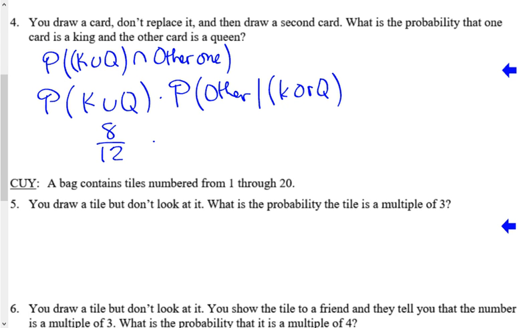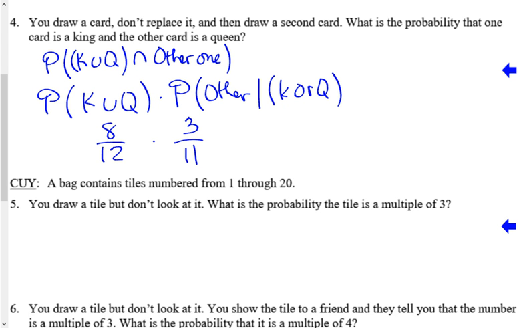Well, I guess this could work, maybe. Because whatever one I picked here, there are only going to be 3 of them left, right? So I could say there are 3 out of 11 of whichever one I drew first. So I think maybe this does work. I told you it wasn't going to work. I thought it wouldn't. But now I'm thinking it does. Because I thought of a different way to do this question, and we're going to get the same result, I believe.